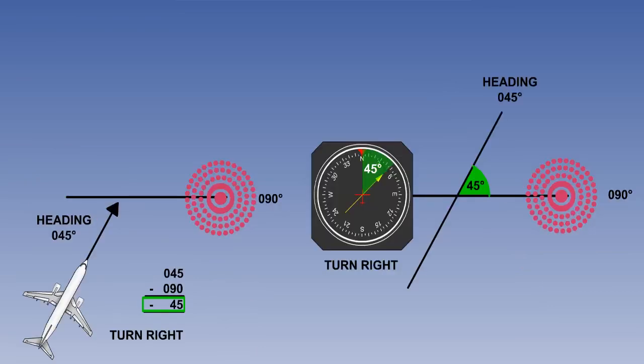If your heading now is 045 degrees, and you are to intercept the 090 degrees radial, deduct 090 from 045, which gives -45. So turn right when the needle is 45 degrees from the top of the dial.